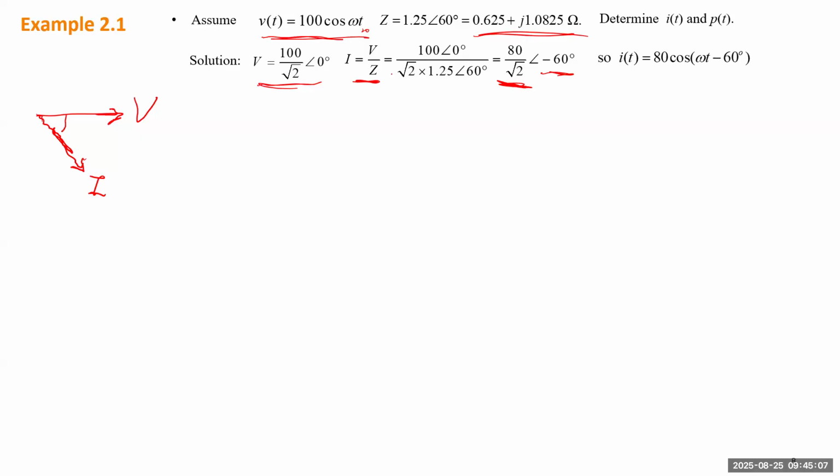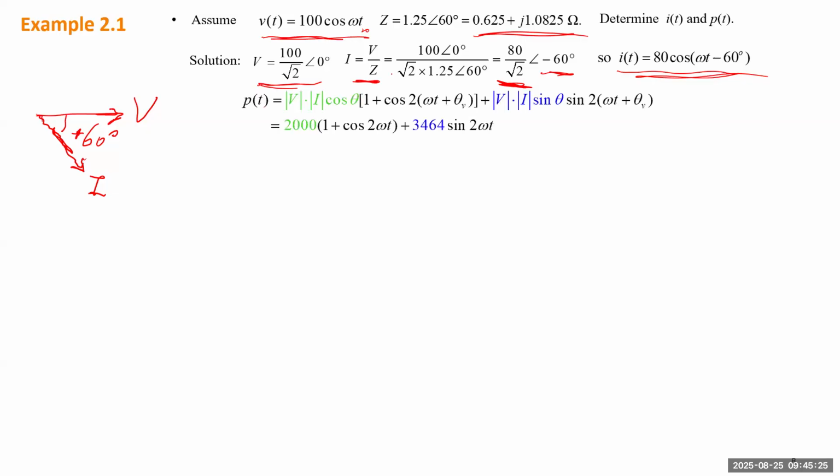Right? This is negative 60 degree or positive 60 degrees. So which means the theta, how much of voltage leading the current. So the waveform of current will be this one. We'll have 80 as a peak value and a negative 60 degree at the phase.